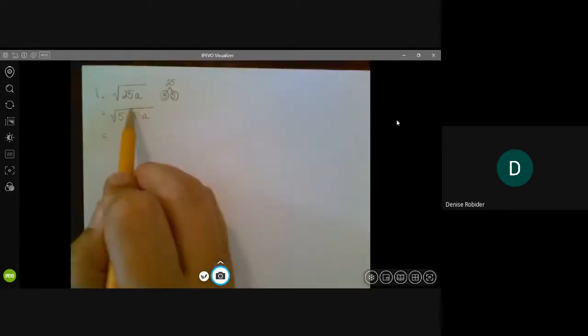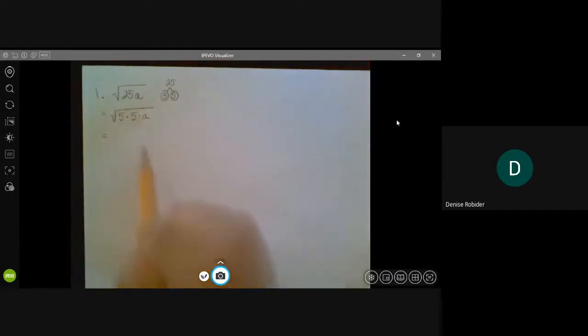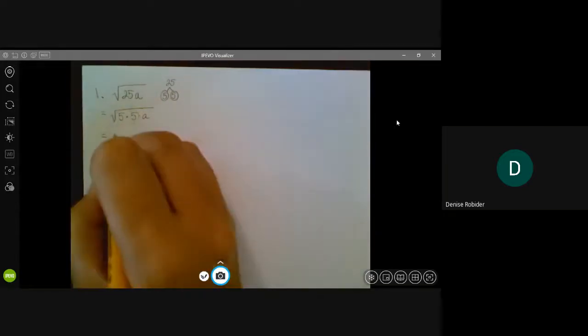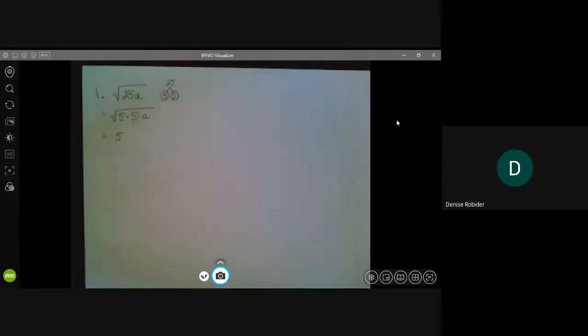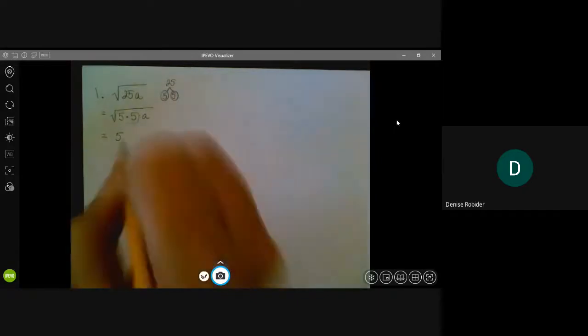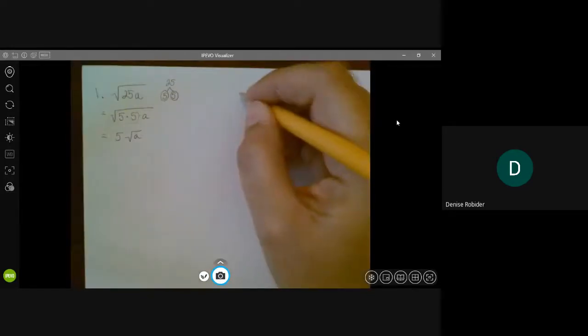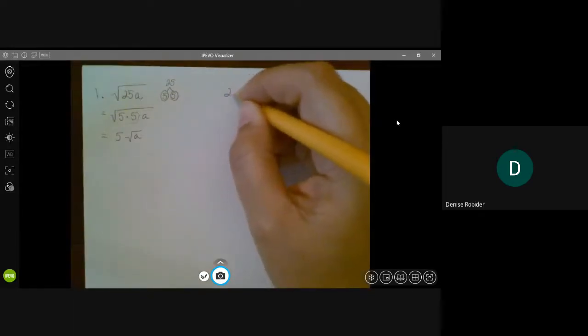If there is a pair of numbers in here, one of them gets to come out because it's been squared. Remember, what number is squared here? 5. So that leaves the radical. We take that square root, and then we're left with the leftovers. I think I just confused myself, but let's see what happens with the next one.